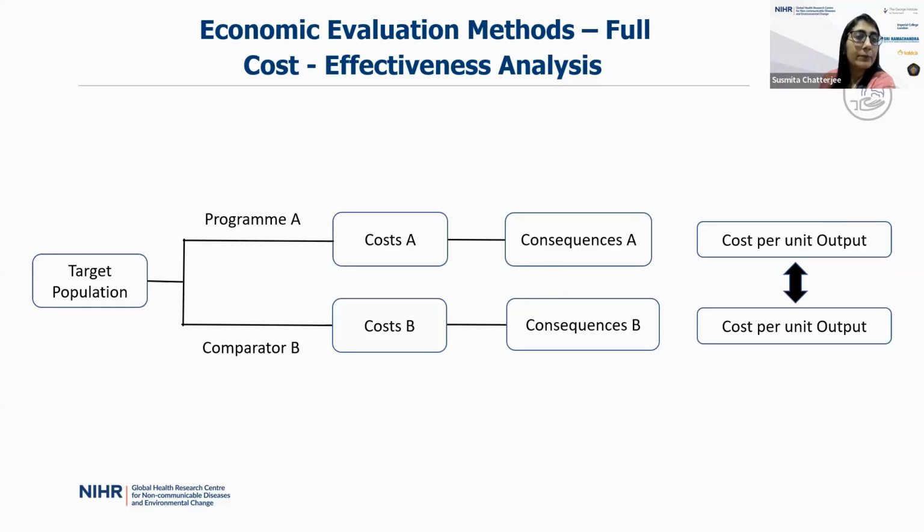That means 4 deaths were prevented. So that's the consequences which we need to compare. And at the end of the day, you have cost per unit of output for program A, and cost per unit of output for the comparator, and then you do a cost effectiveness analysis. I hope it is clear to all of you that this output here is your hospitalization, number of deaths.